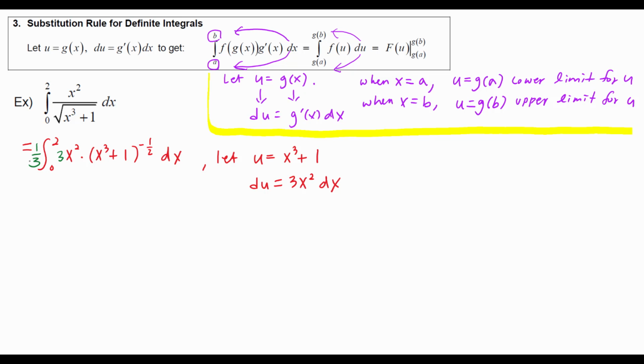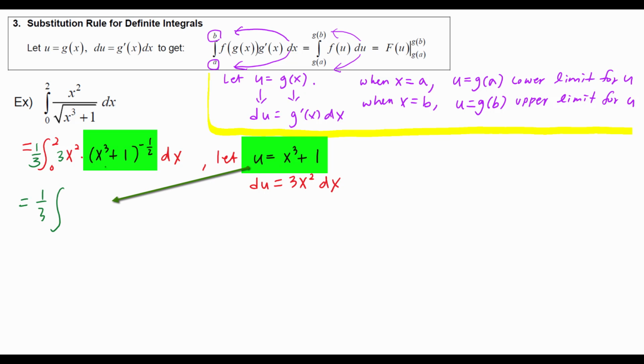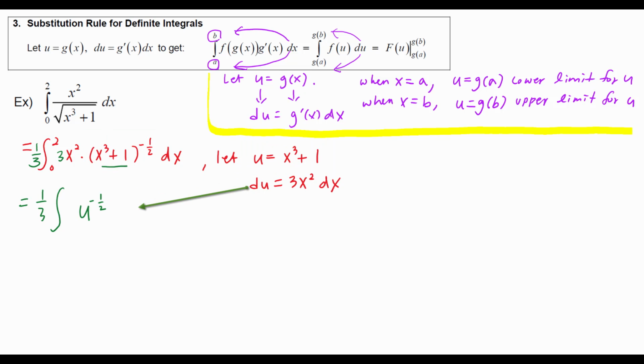Now I'm ready to do the substitution here. 1/3 integral, this is u to the negative 1/2 power, and 3x squared dx is equal to my du. So I'm going to have du now.